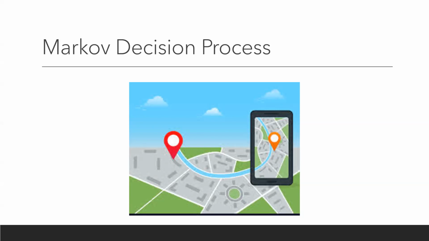Now the person is at place A, so that's the route followed from A to B. I hope that everyone understands what the Markovian state is.